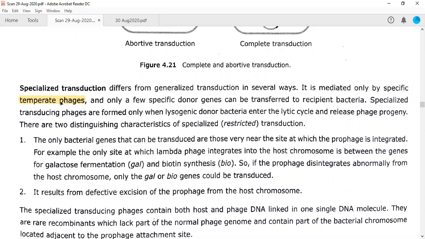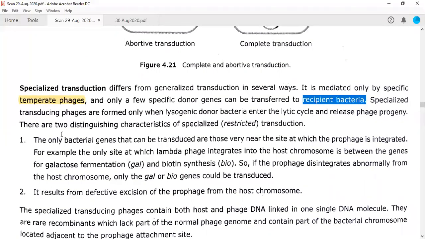Okay, so the temperate phages are required for specialized transduction, and only a few specific donor genes can be transferred to the recipient bacteria, as we have seen, either galactose or biotin synthesizing gene in case of E. coli. Specialized transducing phages are formed only when lysogenic donor bacteria enter into the lytic cycle and release the phage progeny.